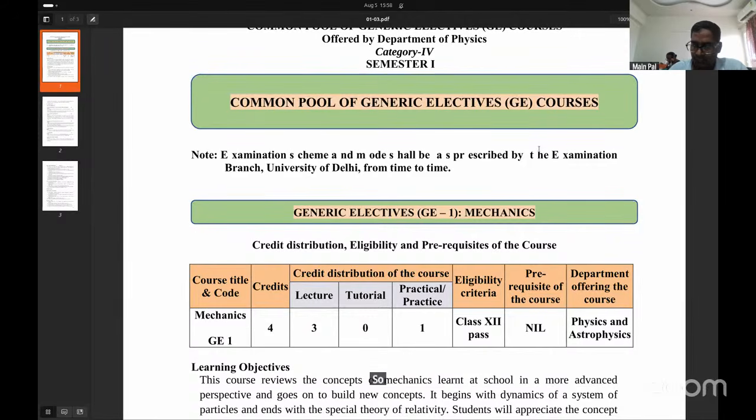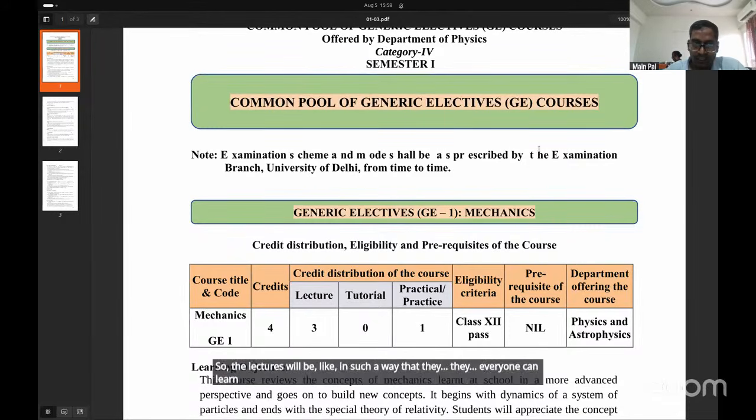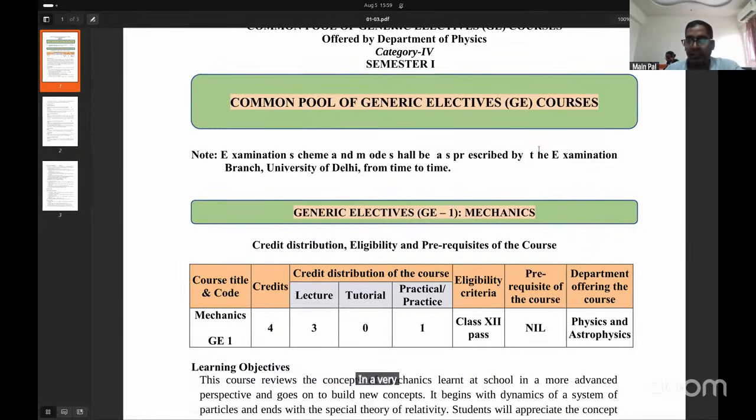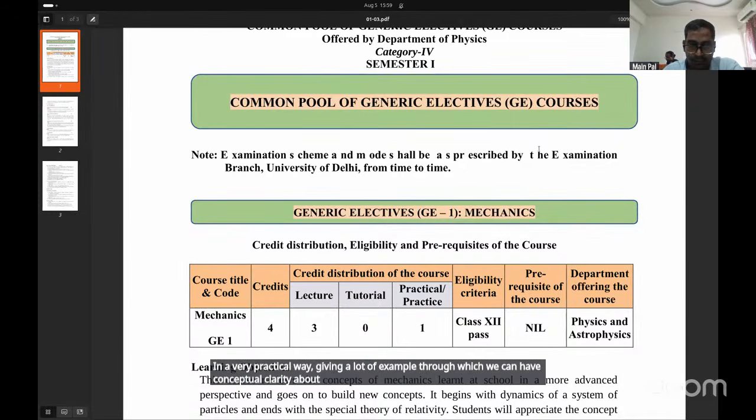The lectures will be in such a way that everyone can learn the syllabus we have in this course. The course will be taught in a very practical way, giving a lot of examples through which we can have conceptual clarity about the subject.